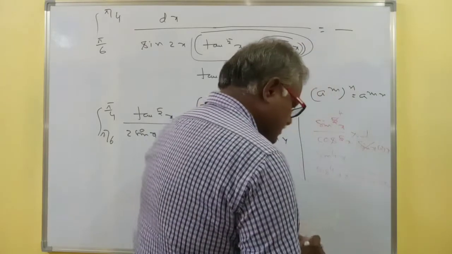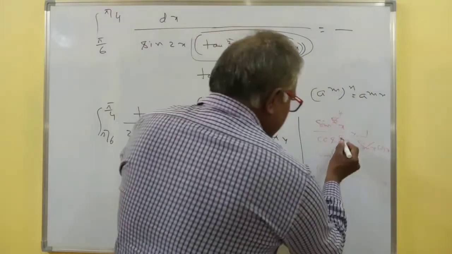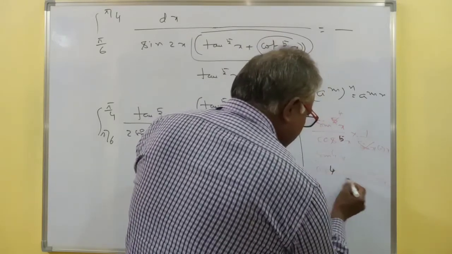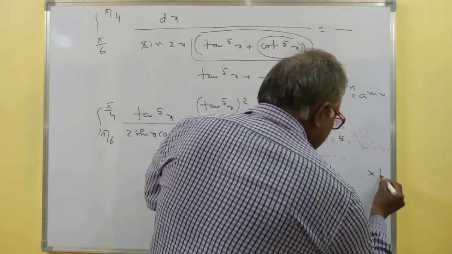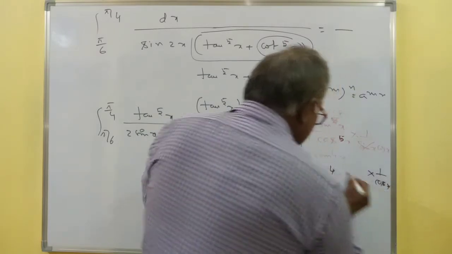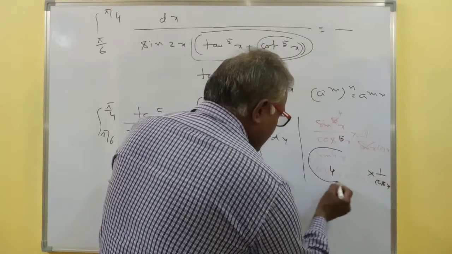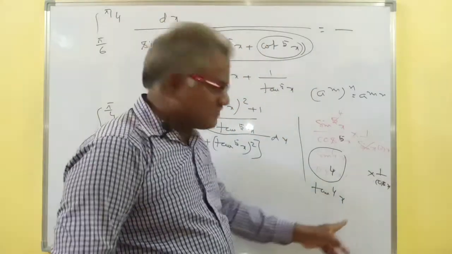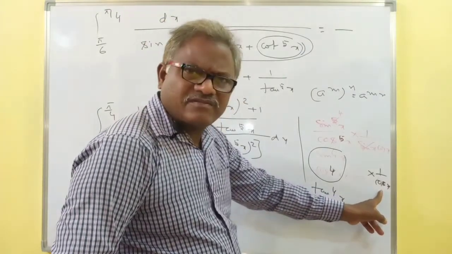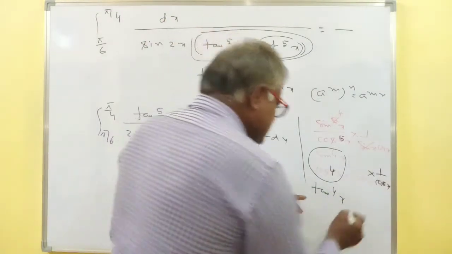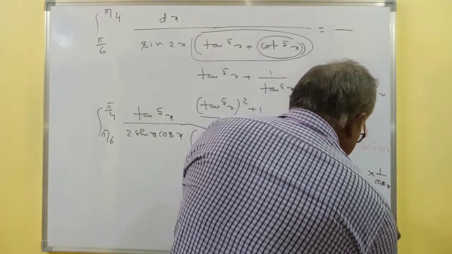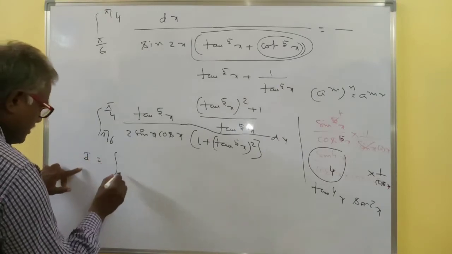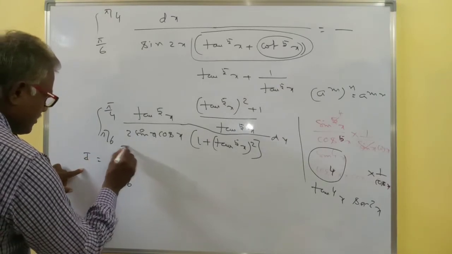Sin^4 by cos^4 means tan^4 x. Then 1 by cos square means secant square x.